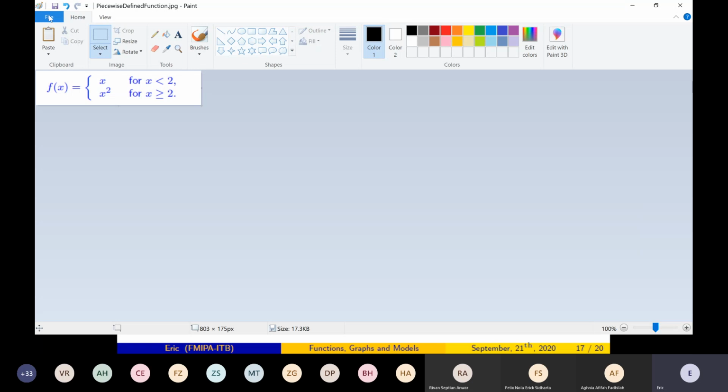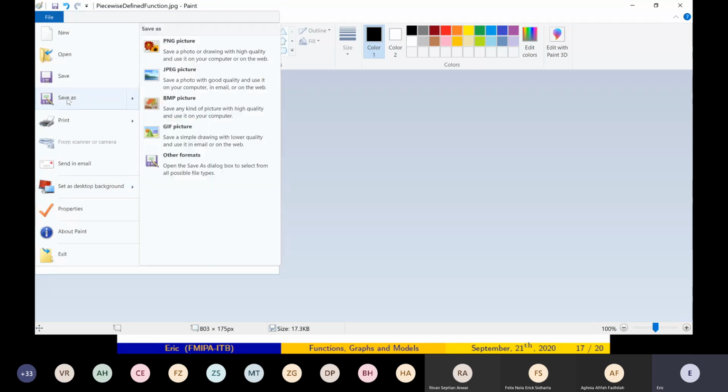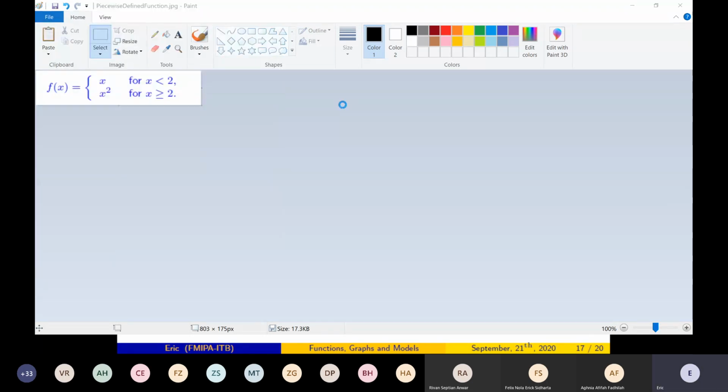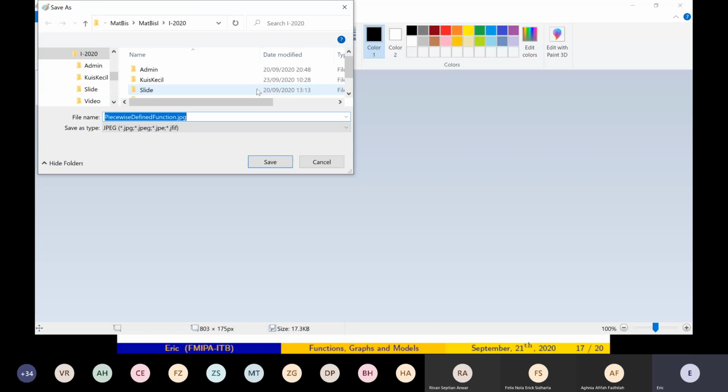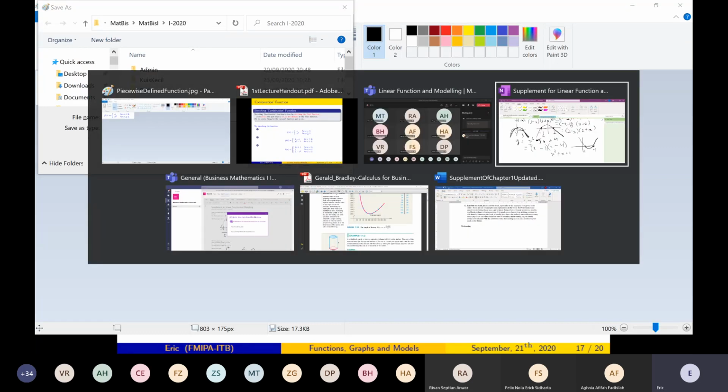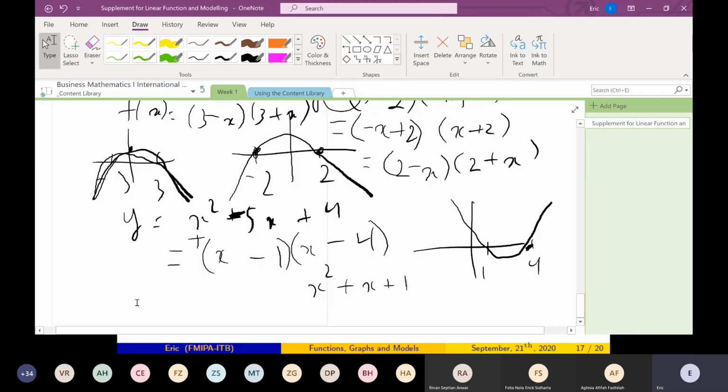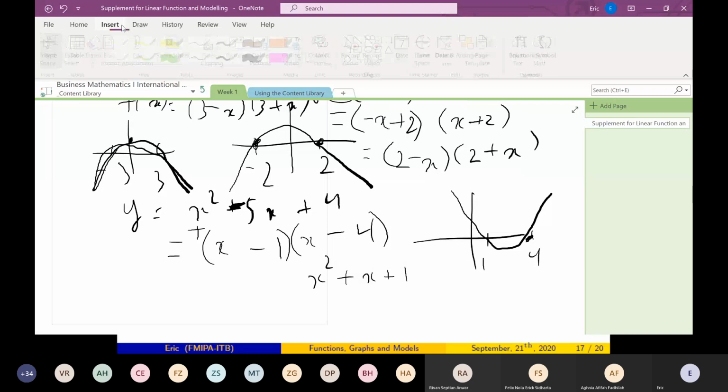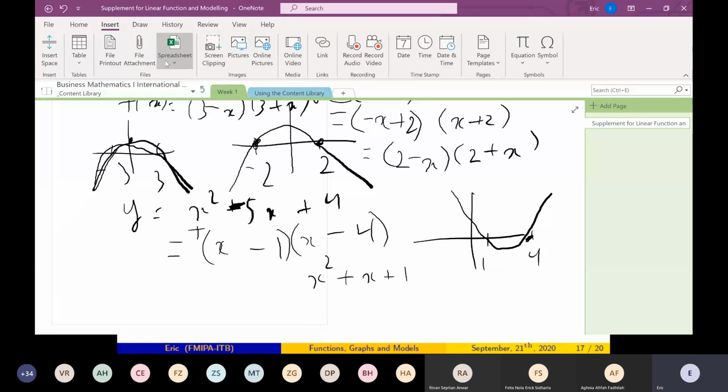Where was it? File, save as. Piecewise defined function, where is it? So I check this. Insert file. Picture.